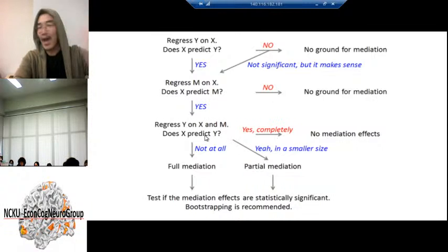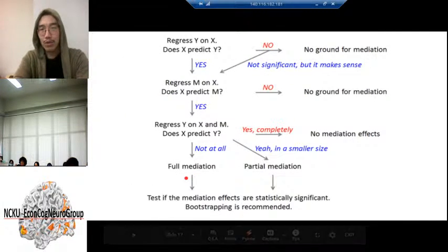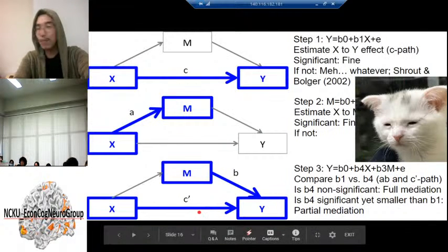Y on X, does X predict Y? If C prime is significant, it means you have no mediation effect, because the total effect was significant and C prime with the mediator is still significant. It doesn't make sense; mediation has no effect in this model.